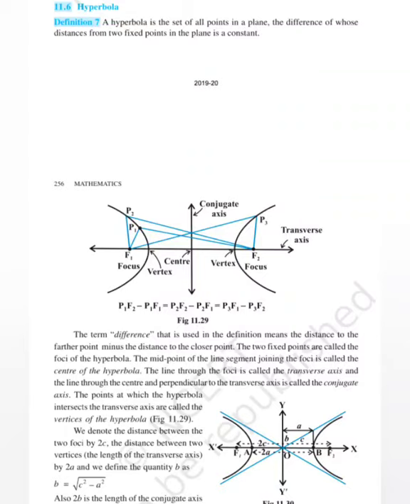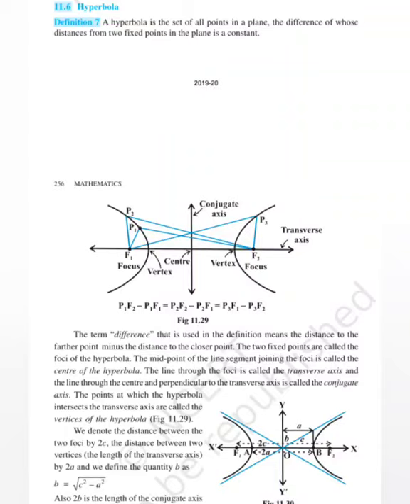Here the point P1 is closer to F1 as compared to F2, so we take the difference P1F2 minus P1F1. And for point P3, F2 is closer as compared to F1, so we take P3F1 minus P3F2.